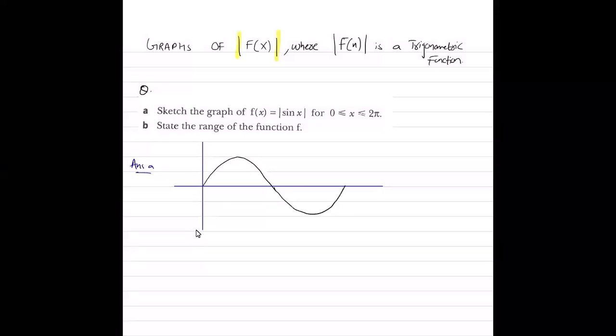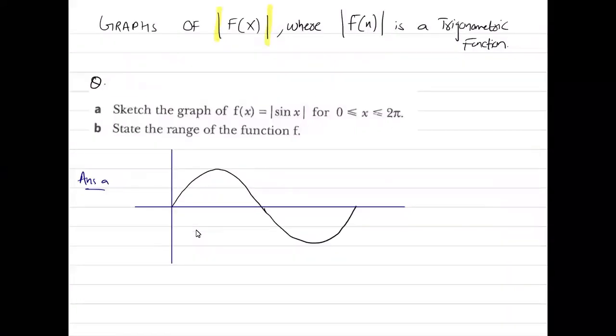Now, this part of the curve that is below the x-axis will be reflected above. So due to the modulus sign, the bottom part is going to be reflected upward. If this point was -1, it's going to be reflected to +1.